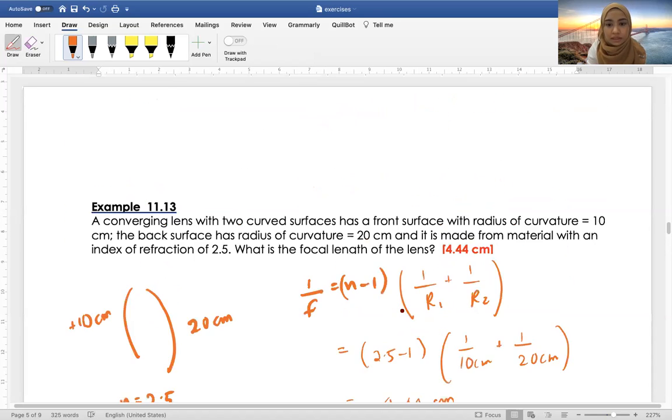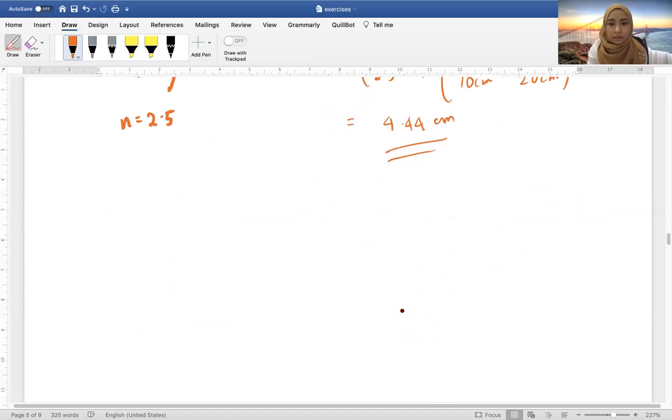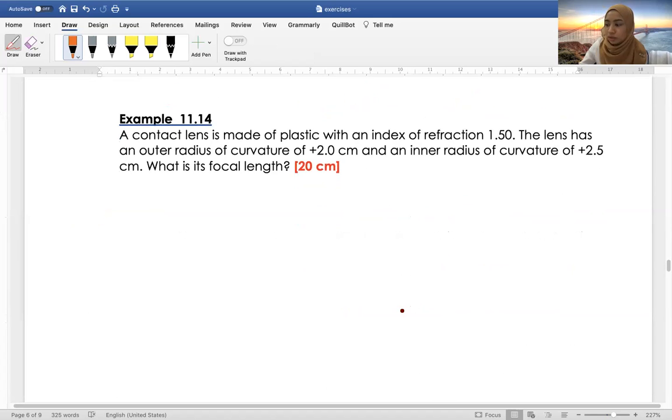Next one, easy right, just using the equation. So chapter 11 is just knowing how to use the equation, okay? Should be full marks there. A contact lens is made out of plastic with index of refraction of 1.5. The lens has an outer radius of curvature of 2 centimeters, and an inner radius of 2.5 centimeters.